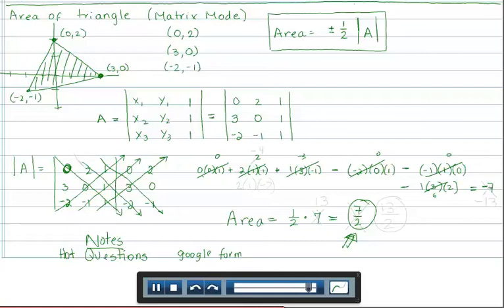Alright, this is a mistake right here, and I caught it afterwards, so I'm sorry if you were following through and you were like, what? This second part right here in the second diagonal is 2 times 1 times minus 2. So we're going to cross that out, 2 times 1 times minus 2, and that's going to give us not a 2, but a minus 4.